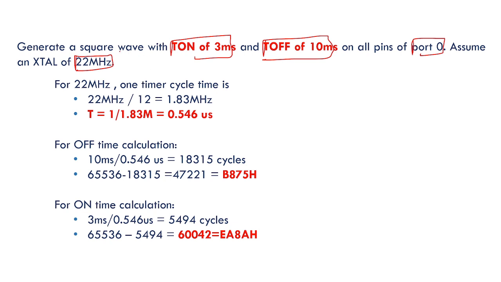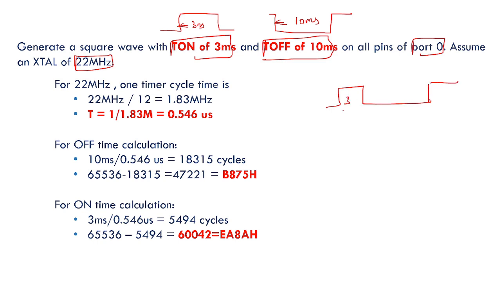In this, first you can see the T on is 3 milliseconds and T off is 10 milliseconds. Both on and off are not equal, that means both have a different delay.